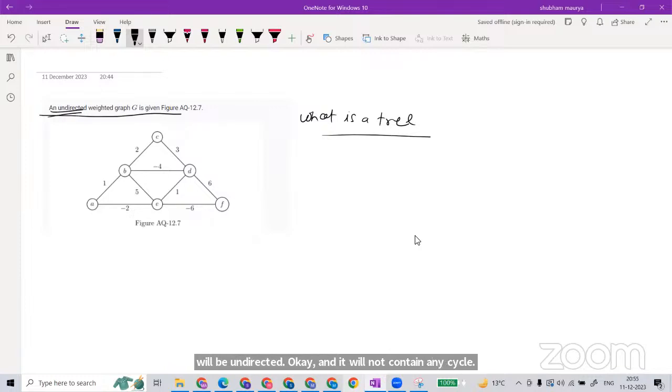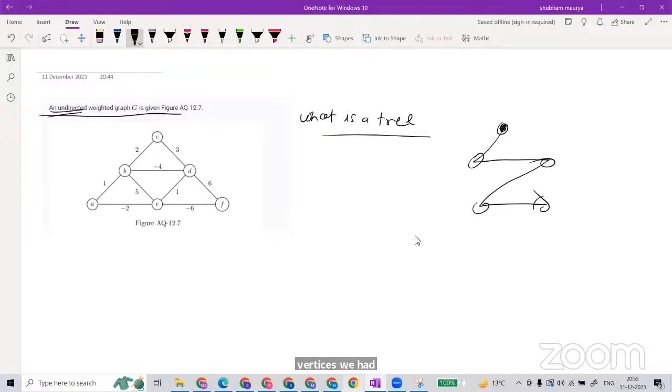A tree is a graph. Suppose these are the vertices we have. Another definition is a minimum connected graph.